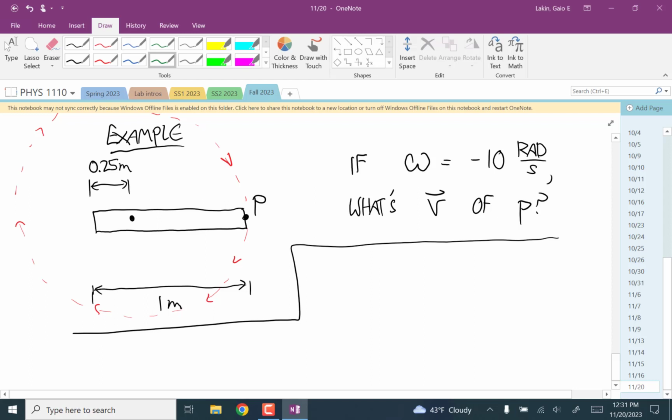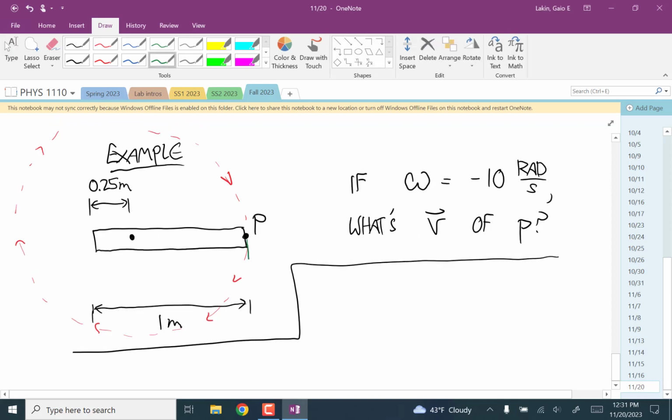If this is the path of that point, the velocity vector is going to be tangent to the path in the direction of motion, so it'll be like this. But what we don't know yet is the speed. This part we kind of figured out based on what we knew about circular motion before and just knowing what the sign means for the angular velocity. But now we have to figure out what the magnitude of that velocity is.